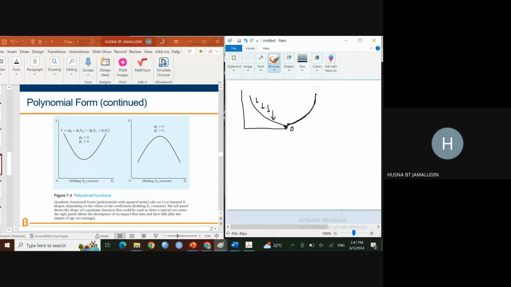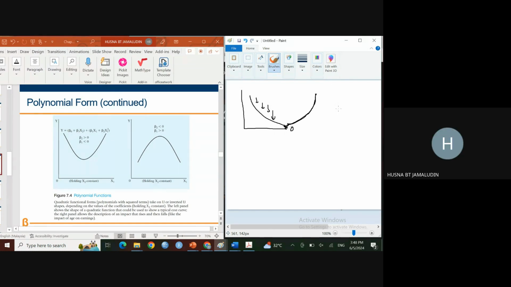Cost curve. Well, that's right. That's good. Okay, can you explain? Idham? It is correct. Can you explain? Um, I'm not really sure, madam, because I'm just taking a guess.